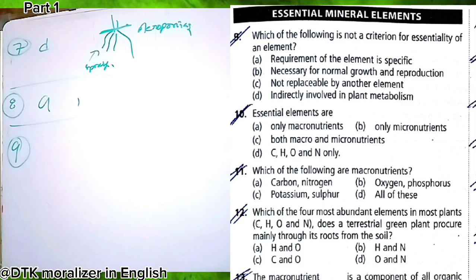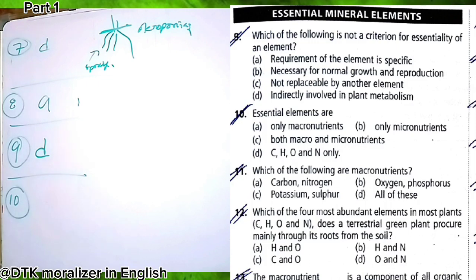Indirectly involved in plant metabolism, no. It should be involved directly. Directly involved in plant metabolism. So option D is wrong. So here as you can see, option D is wrong.